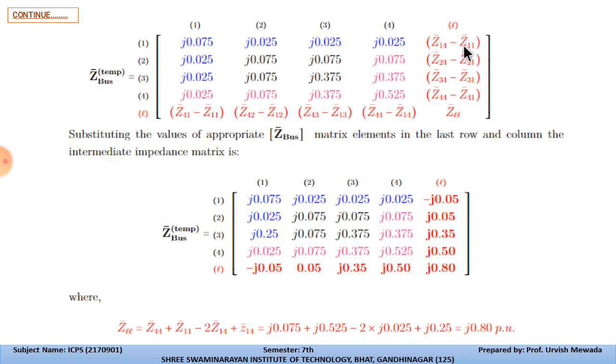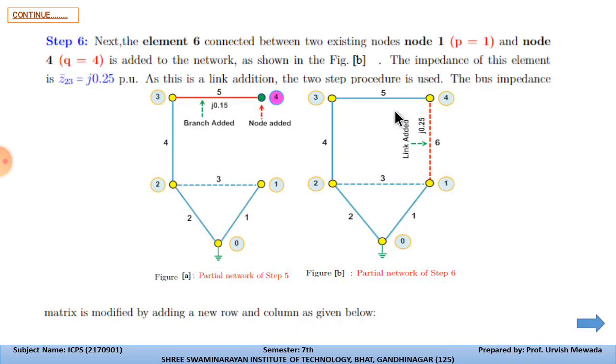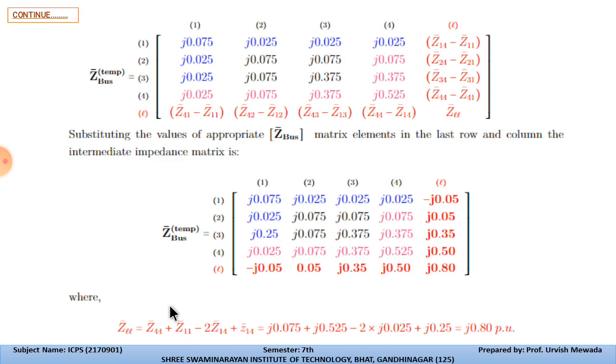For this link, the equation is Z14 minus Z11, and for this one Z24 minus Z21, because we are considering node number 2.